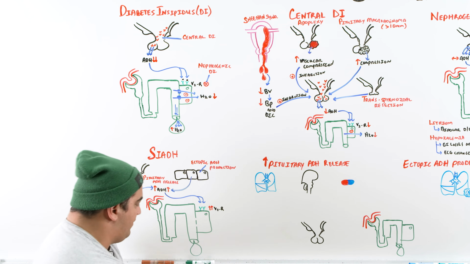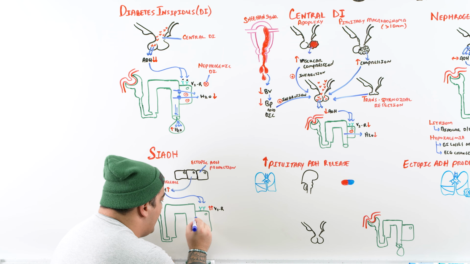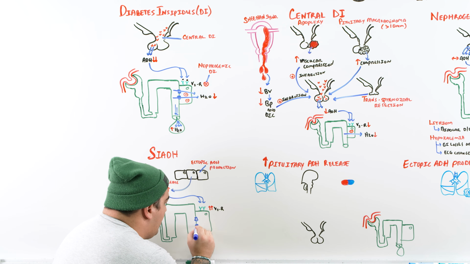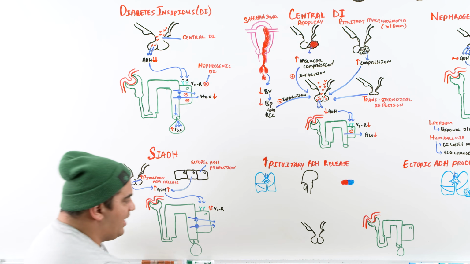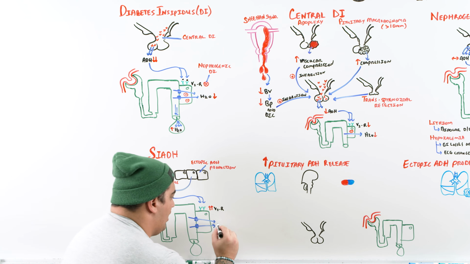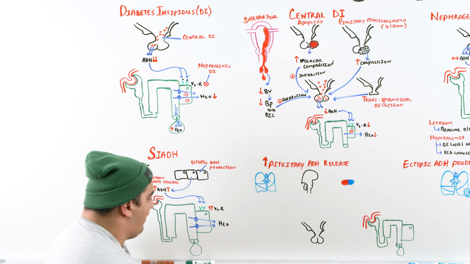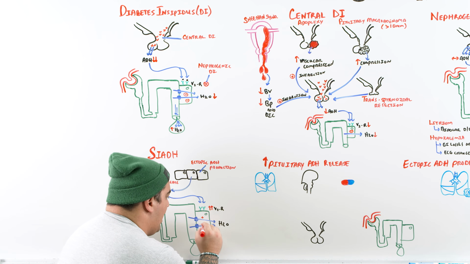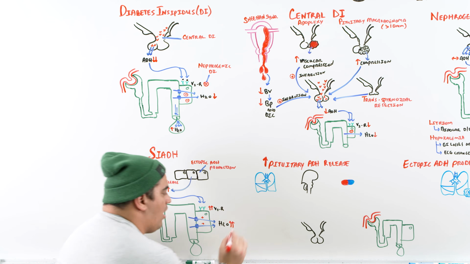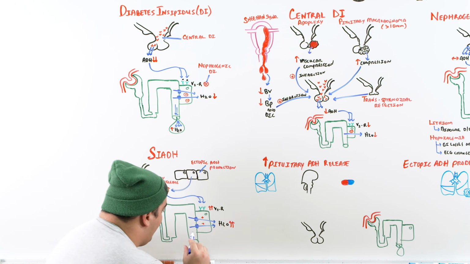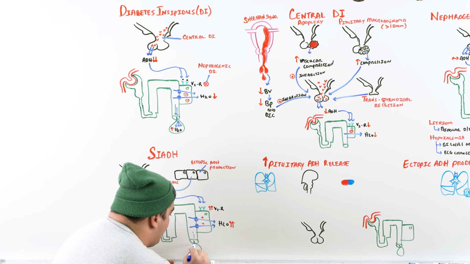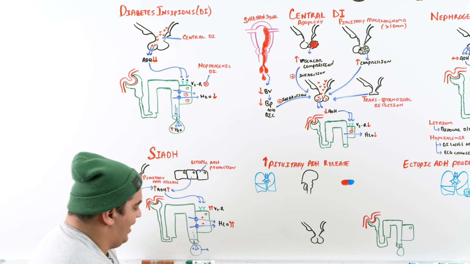If I express a lot of these little aquaporin subunits in here, any water that is going to be present in the collecting duct will then move very beautifully from the actual lumen and into the bloodstream. And so this process will be very heavily stimulated. As a result, I'll increase my water reabsorption. And then as a result, there'll be very little amounts of water that will be present in the urine.